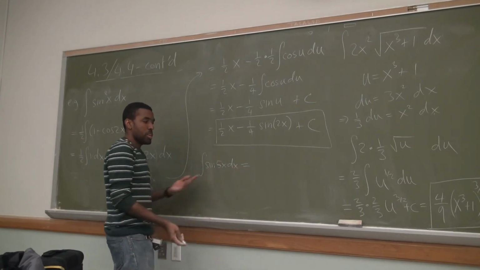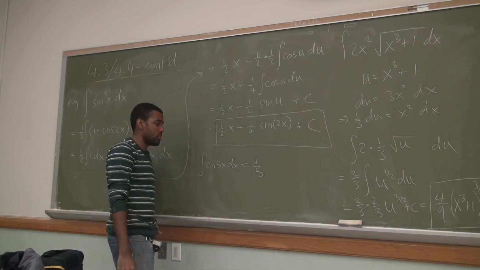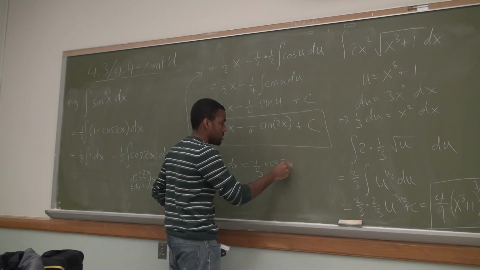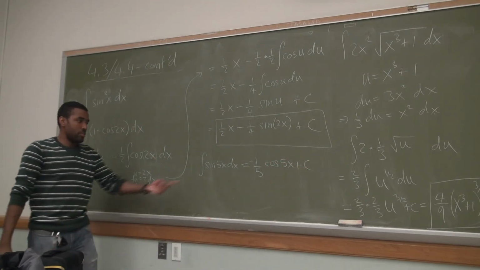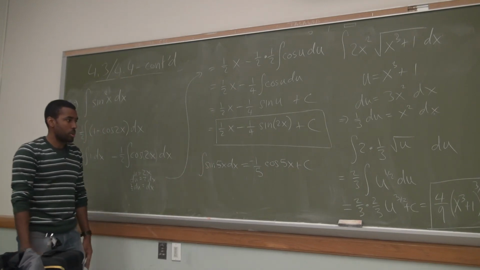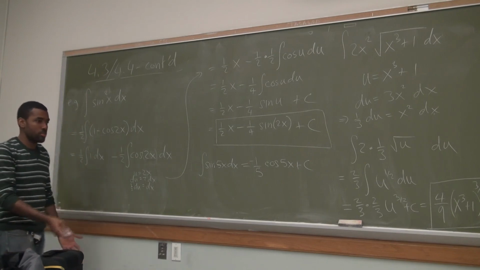This would be your u, so you just cancel by putting that 1/5, just 1 divided by the constant. So it's minus 1/5 cosine 5x. Now it's important that if the derivative is not a constant, you can't do this. It won't work. But whenever it's a constant, you don't really have to think about it. You just divide by the constant.